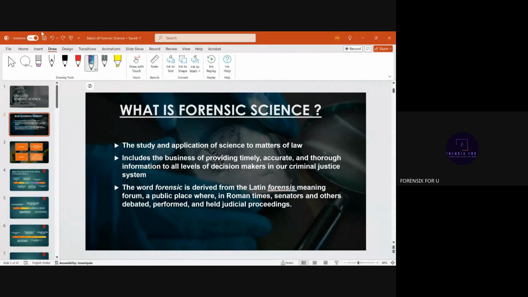So, it includes the business of providing timely and accurate and thorough information to all levels of decision makers in our criminal justice system. So, our criminal justice system has basically four hierarchical levels. The very first ones are the police, because they are responsible for maintaining the law and order and the peace in the society.